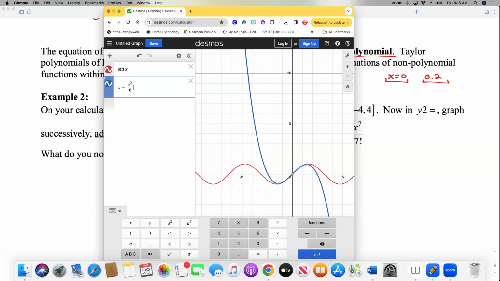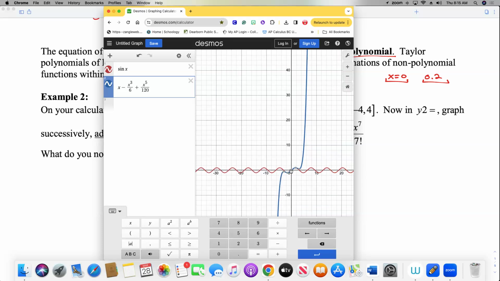You notice that that is going to be hugging the graph even nicer. If I keep going and I add the next term of my Taylor polynomial, which is going to be plus x to the 5th over 5 factorial, and I'm going to explain this pattern soon, 5 factorial is 5 times 4, which is 20, times 3, which is 60, times 2, which is 120. We get a 5th degree polynomial that's even closer.